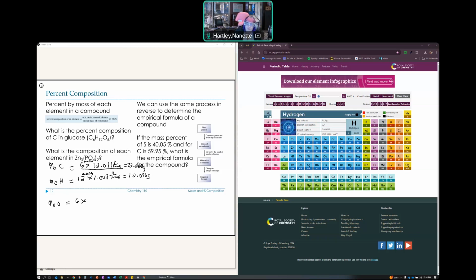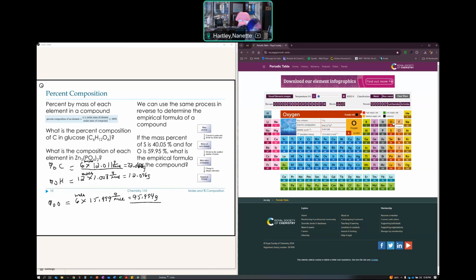We have 6 times the mass of the oxygen. Mass of the oxygen is 15.999. Again, moles here, moles here. 15.999 times 6 gives me 95.994 grams.